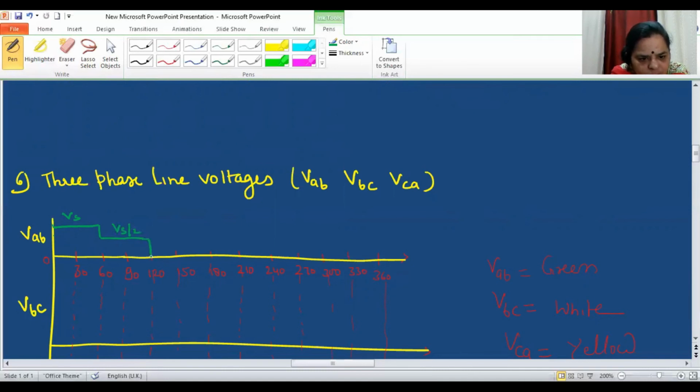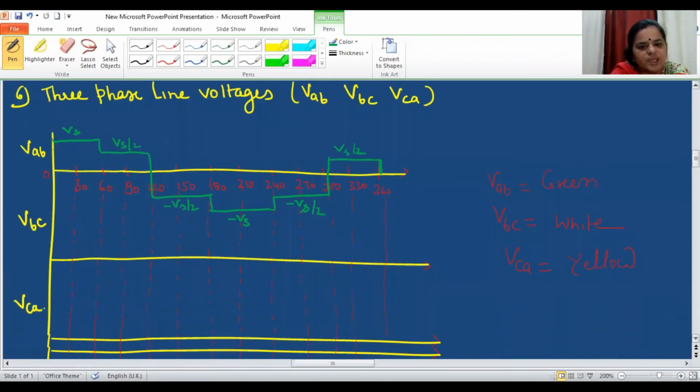Then 120 to 180, it is minus Vs by 2. And then 180 to 240, it will be minus Vs. And then 240 to 300, it will be minus Vs by 2. And then it will be Vs plus Vs by 2 up to 360. So this is how I am getting the waveform for a VAB.